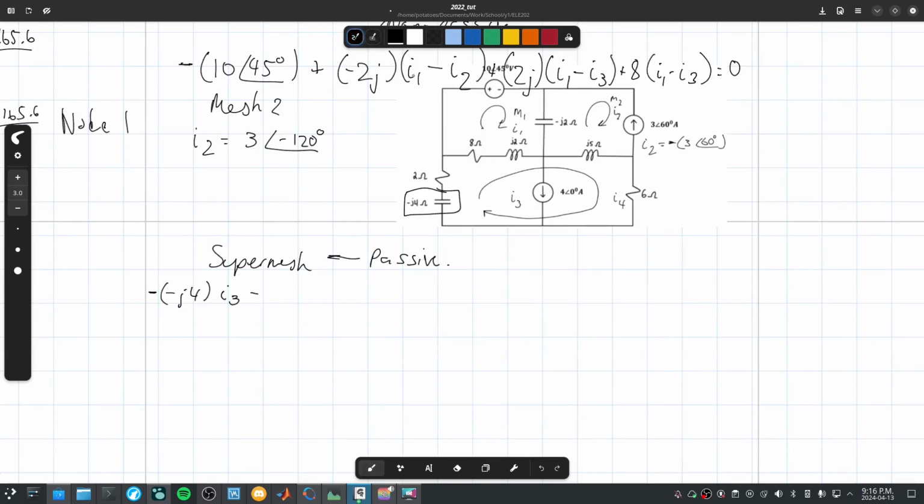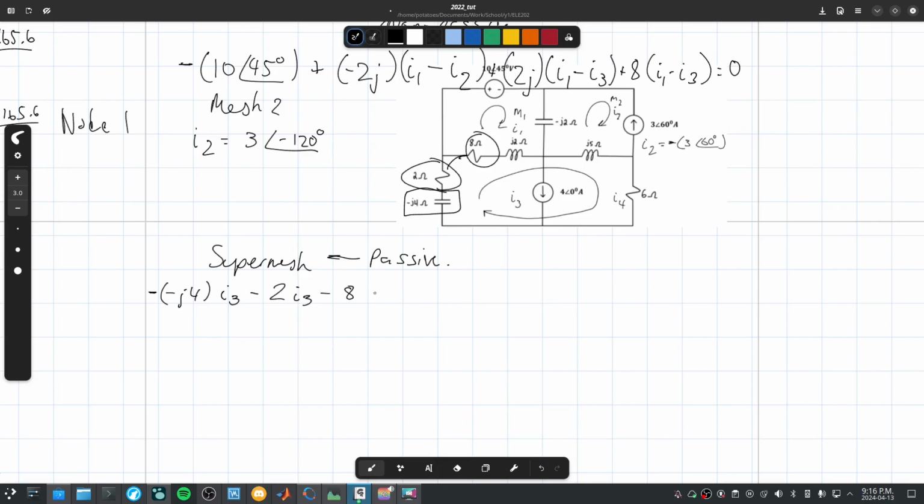Would it not just be 2 minus 4J? Yes, it would be, because you collect the terms, right? But I'm just going one by one. I don't want to overcomplicate this. I want to make this as simple as possible so people can understand. So, yeah, it's minus 2I3. Now we come up here to the 8.